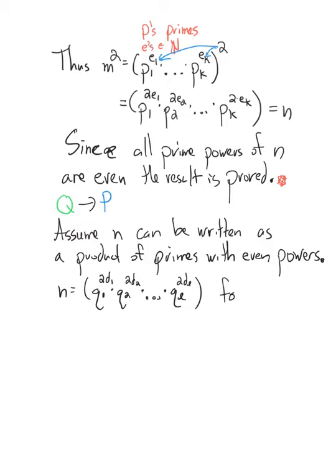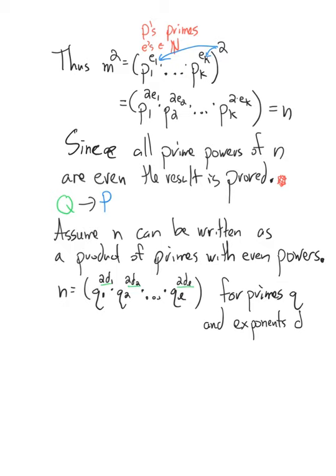Let's say for primes Q and exponents D. So we have L primes multiplied together with even powers. Here are the even powers.